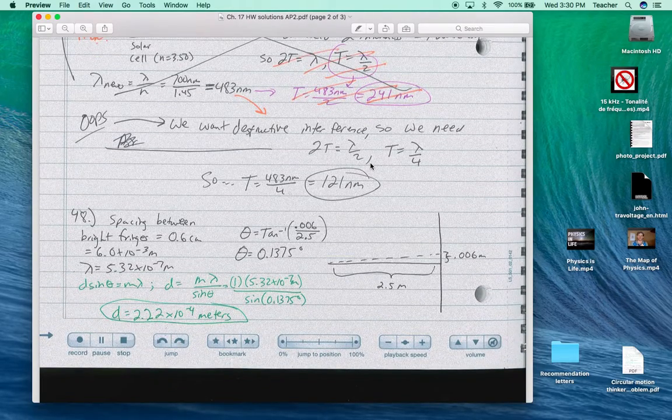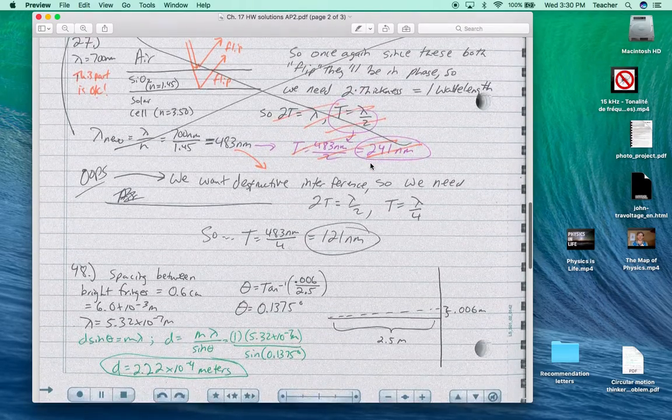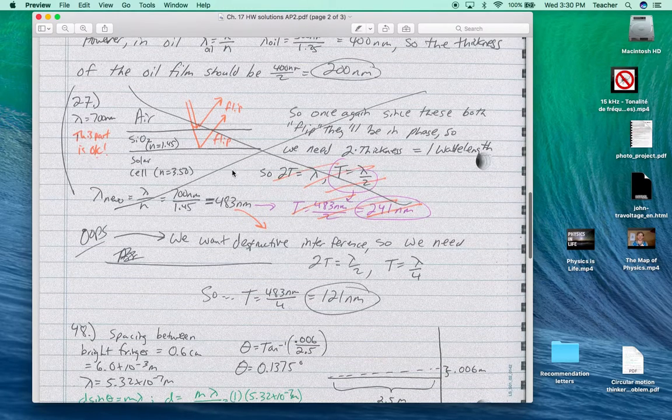So it's for number 27 that it's asking about destructive interference. It's a silicon solar cell coated with a layer of silicon dioxide. What's the minimum coating that minimizes the reflection? So we want destructive interference through the coating, which is 1.45.